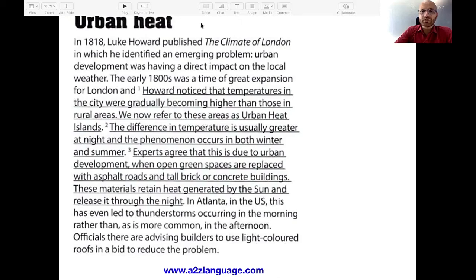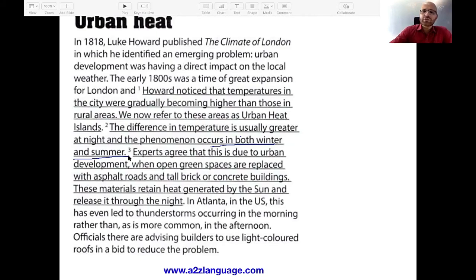Now here is what you have to focus on. The question used the phrase regardless of the season, but here the text says occurs in both winter and summer. It paraphrases, so a paraphrasing skill is used. The question says regardless of the season, and the text says occurs in both winter and summer. It reveals the same meaning, so you have to focus on paraphrasing as well.